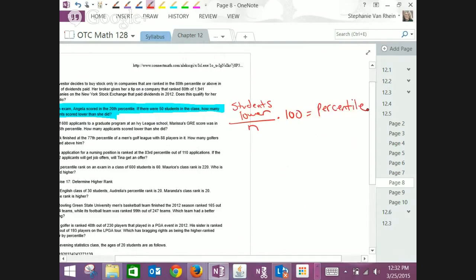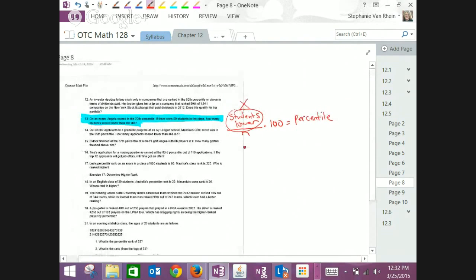So now we can work backwards. We don't know how many students scored lower than her, so we're going to call that x. So x over 50 times 100 equals 0.20. Or we can get rid of the times 100 and say it equals 20%.